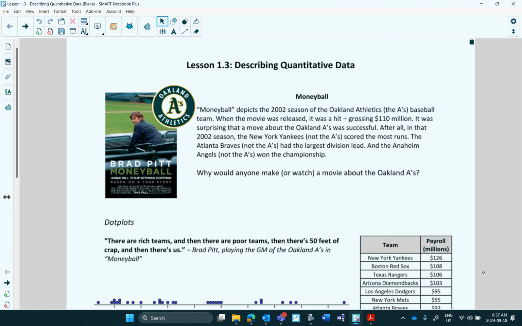Anyway, it was a movie about the Oakland A's, one of the Major League Baseball teams. They made it about the Oakland A's because that season in 2022 they tied for the most wins with the New York Yankees.